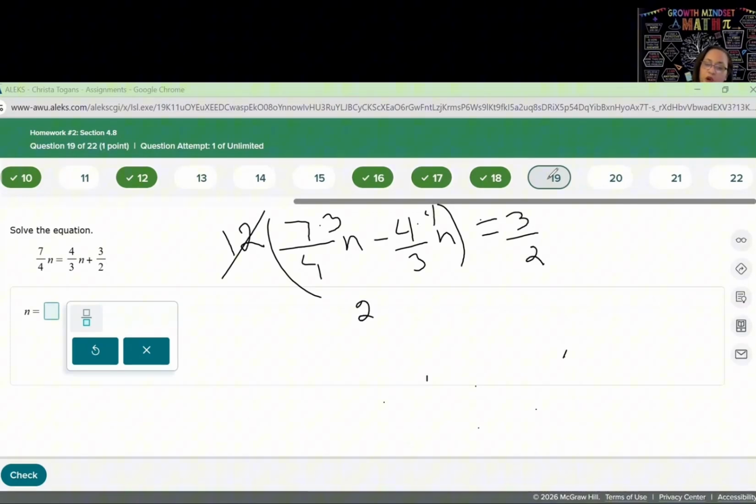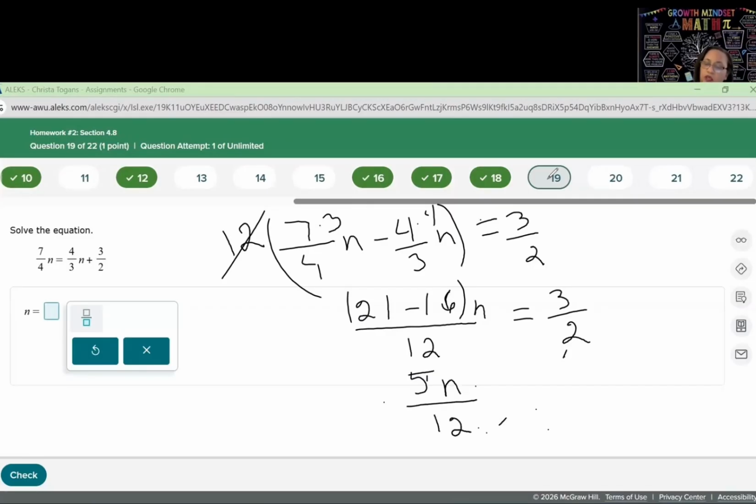So I'm going to get 21 minus 16 over, that's a 6. Oh boy, that's a funny looking 6. 12. And my n is going to be included. So 3/2. And then 21 minus 16 would be 5n over 12 equals 3/2.